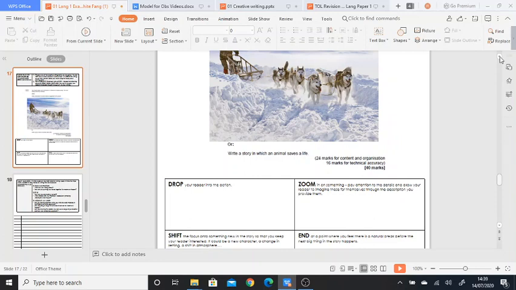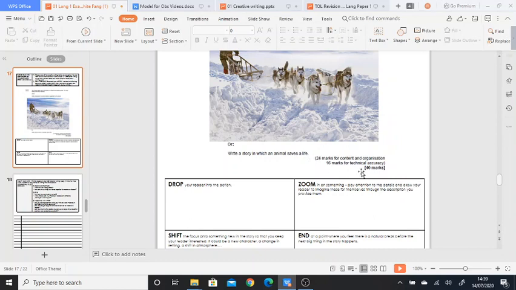It's really up to you where you want to take this. Whatever genre. It could be something quite dramatic, or something verging on fantasy. Generally, it just has to have an animal that saves a life.